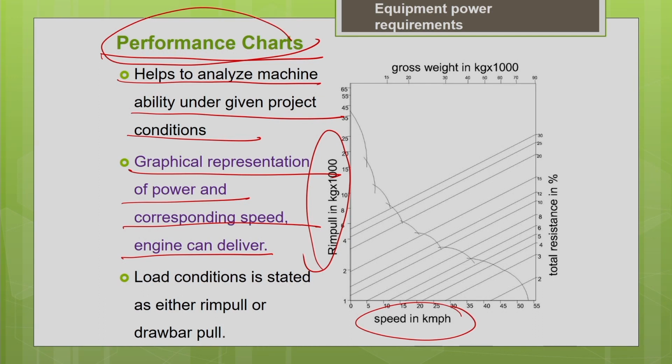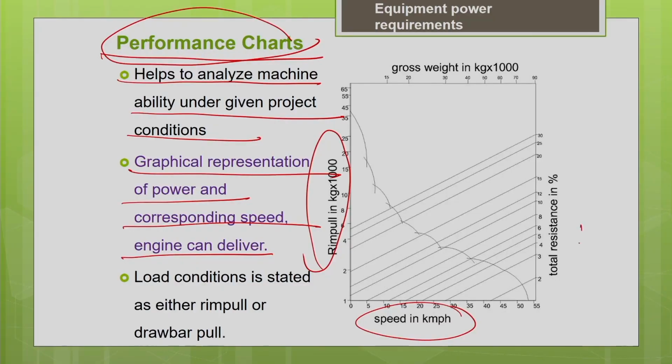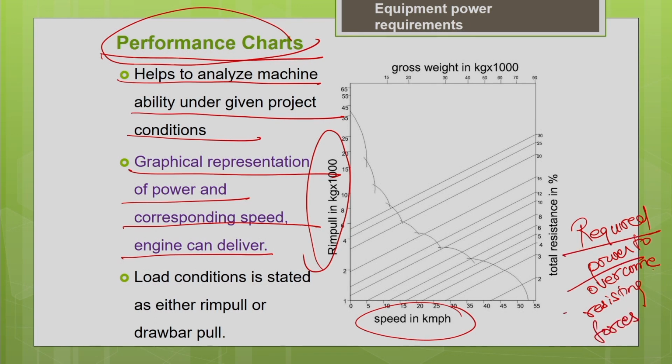You may also know the grade resistance for the particular haul route. You know the gross weight of the machine. With that you can find the required power to overcome the resisting forces in your project site.